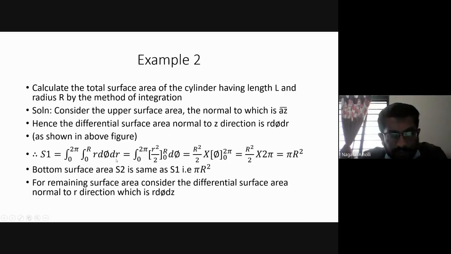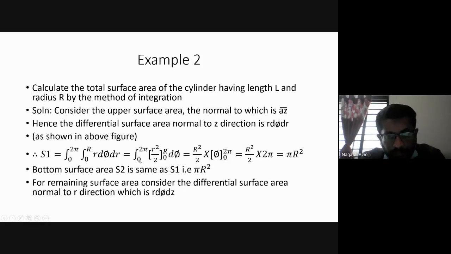How will we find the integration, students? The integration of small r over the limits 0 to R is r square by 2. Substituting capital R, it will be capital R square by 2 into the integration of d phi with respect to phi.